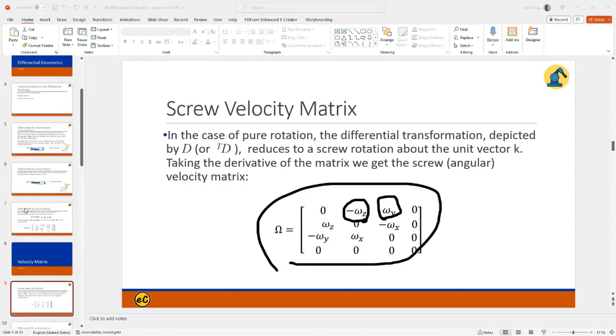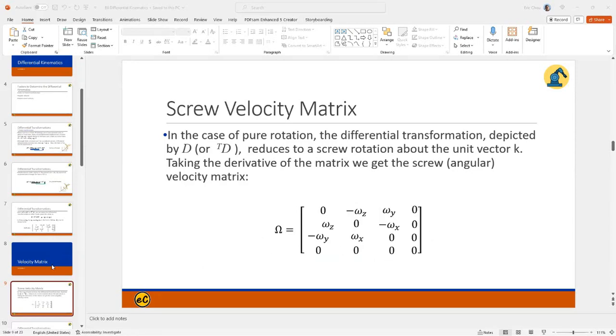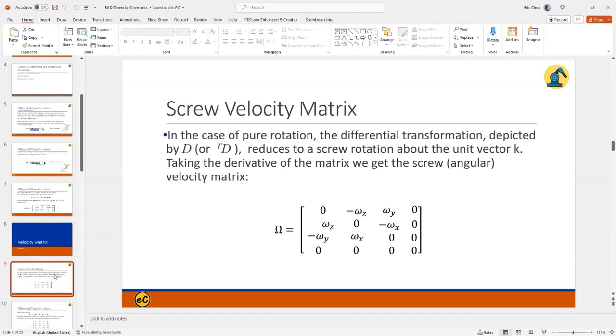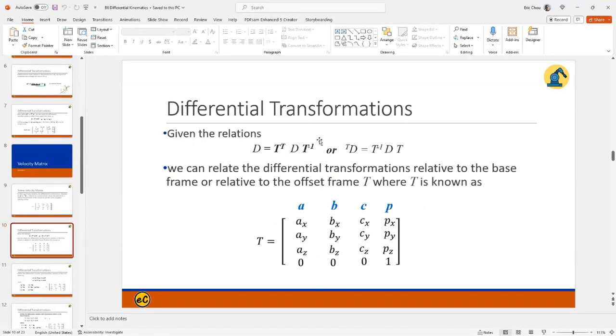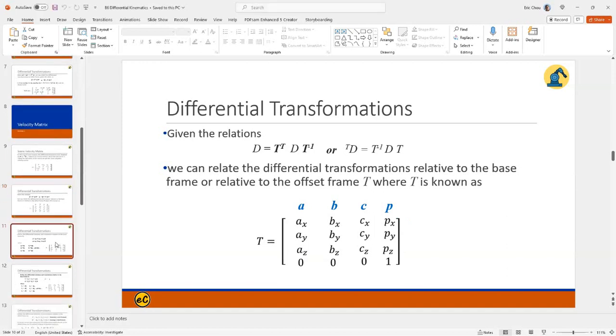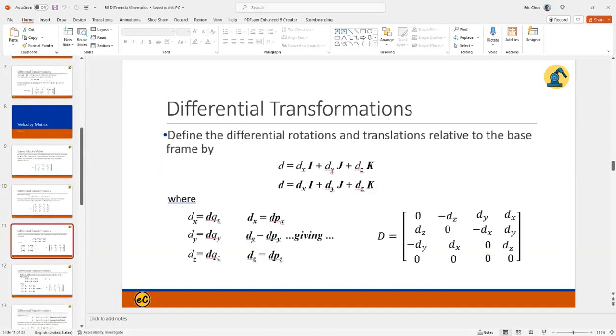After you take the derivative, you become this. Your original transform would be like this, and you have the A, B, C. This portion is the rotational matrix, and this portion is your positional change, the displacement. And here are the derivatives.